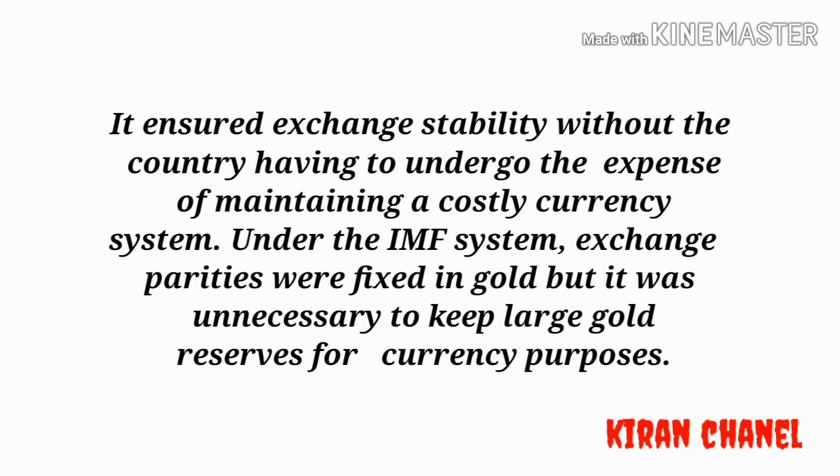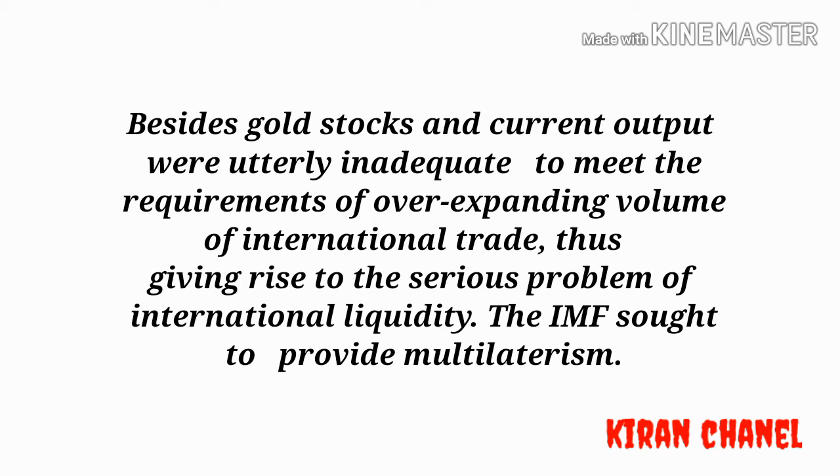Under the IMF system, exchange parities were fixed in gold, but it was unnecessary to keep large gold reserves for currency purposes. Besides gold, stock currency output was utterly inadequate to meet the requirements of the over-expanding volume of international trade, thus giving rise to the serious problem of international liquidity.